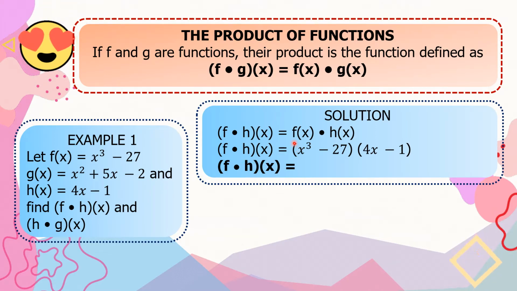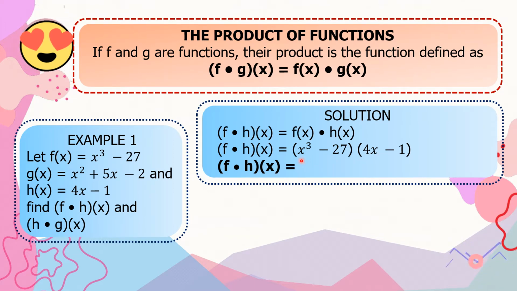Sunod na gagawin ay palitan na natin yung f of x ng kanyang value. So, yung value ng f of x is x cubed minus 27 times yung h of x naman ay 4x minus 1. Next ay kailangan na nating i-multiply itong dalawa.